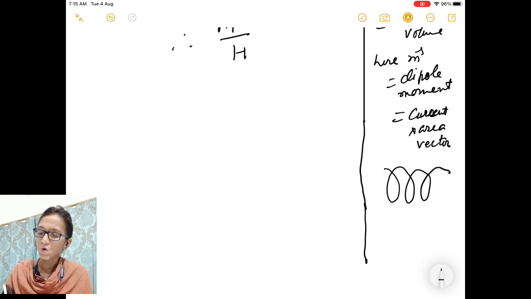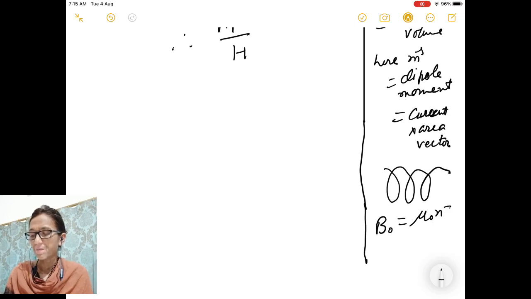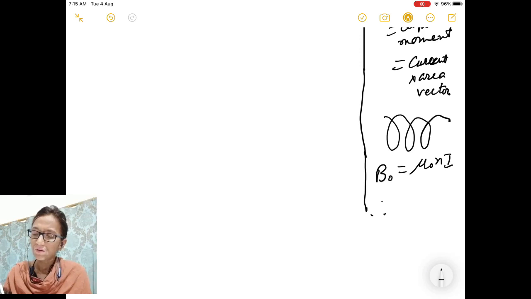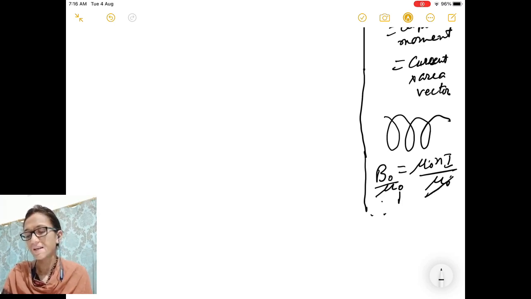A solenoid produces a magnetic field B naught, that is equal to mu naught n I. Therefore, if you divide this quantity by mu naught, you get a quantity that is free from intrinsic property of the material.